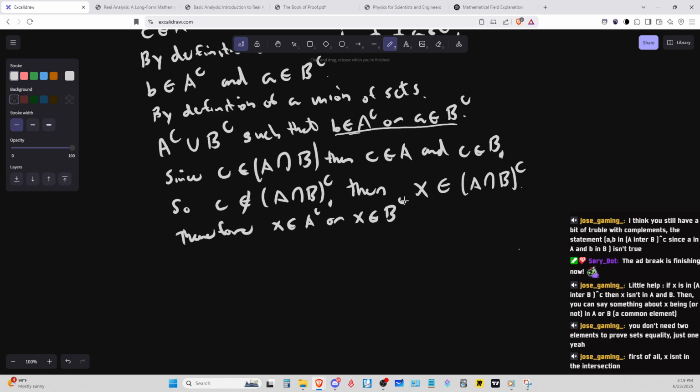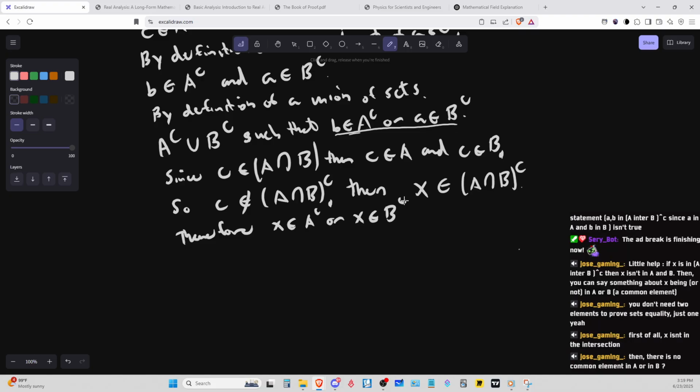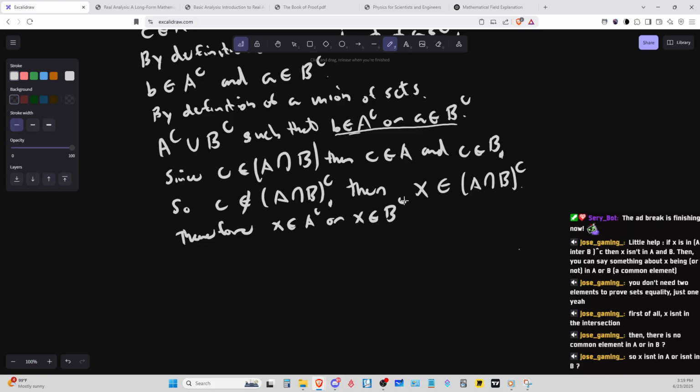Therefore, X isn't in A or isn't in B. So that's why I wrote X is an element of the complements of them, unless that's not right.